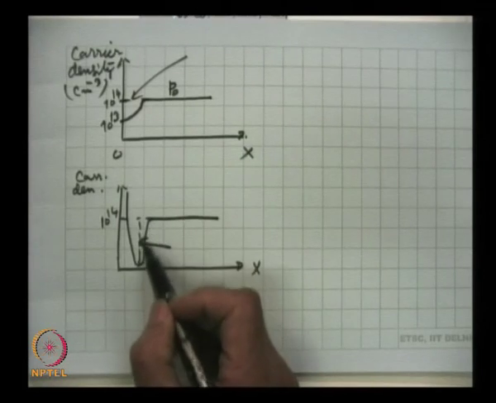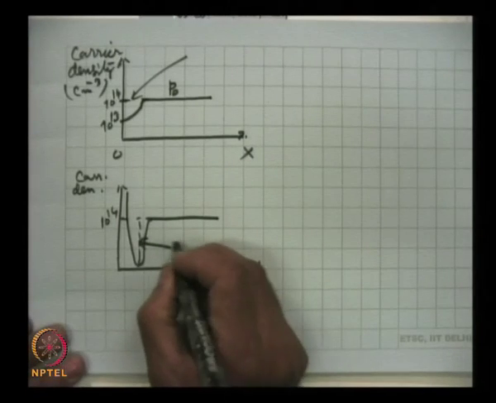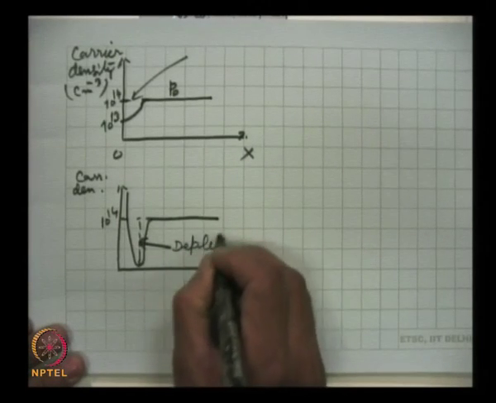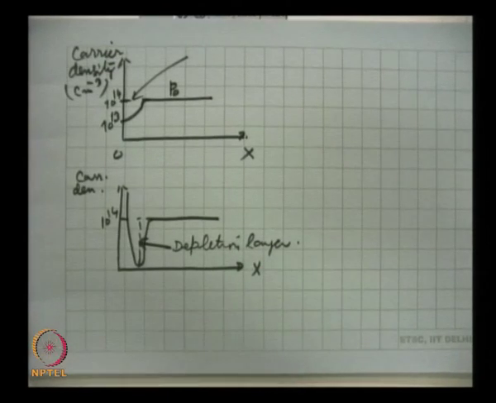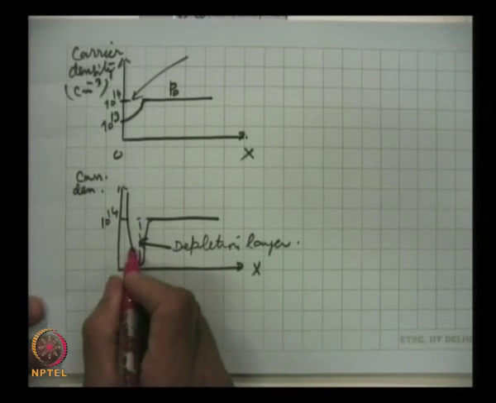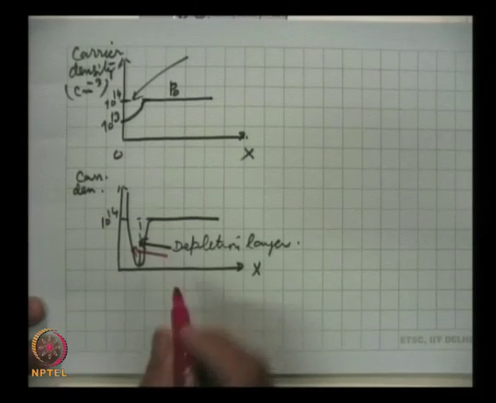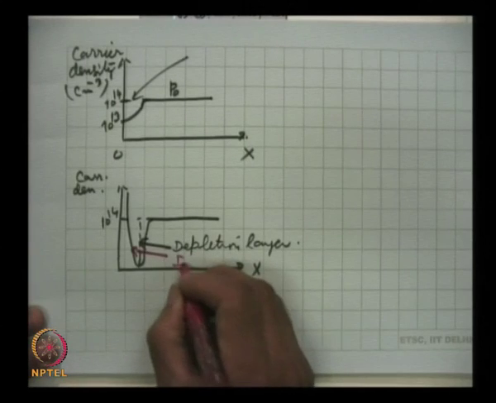So, finally, this will be the depletion layer. And this one, let me draw it in red, this is the inversion layer.